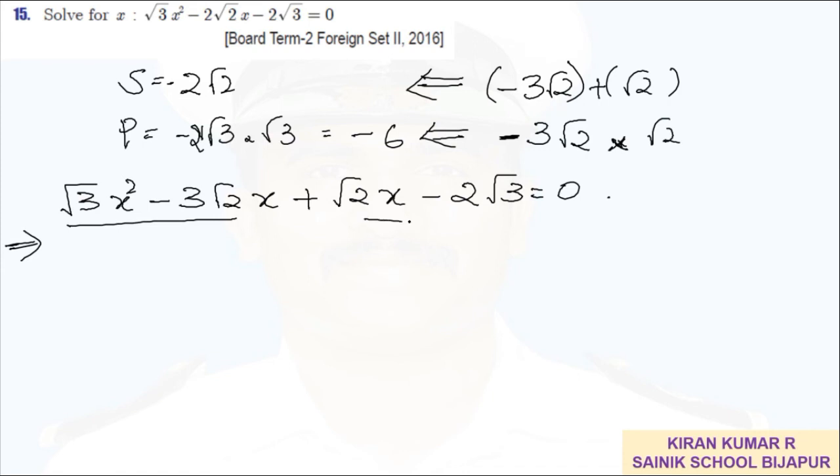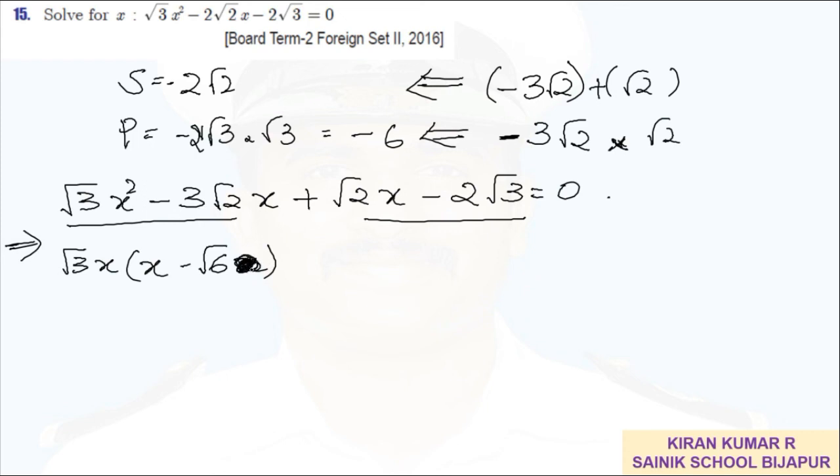Group them. Here I can take a root 3x as common, so x minus, here when root 3 is taken out of 3, root 3 will remain. Root 3 multiplied to root 2, it becomes root 6. Only root 6, not x.